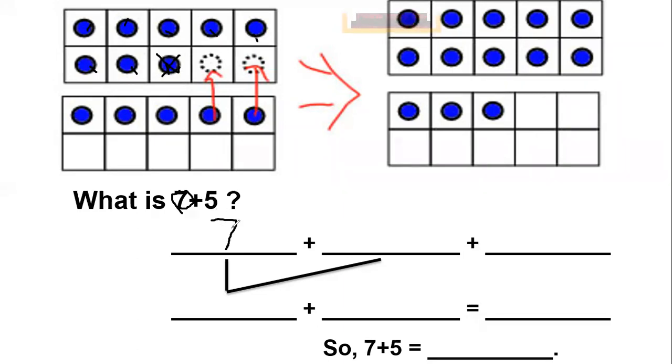So I'm going to write the big number, number 7. Now I'm going to write the other counter is, look, how many counters are below? Yes, I have 5. So that gives me 1, 2, 3, 4, 5. So I have here 5. So I'm going to write here 5. Is this correct?